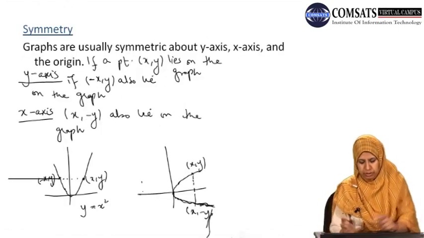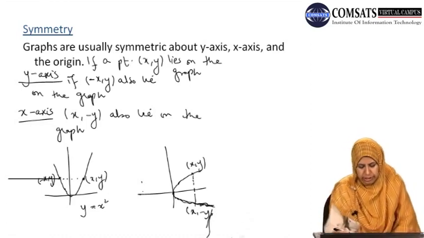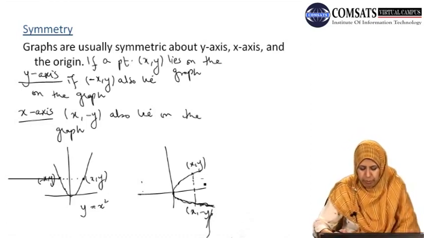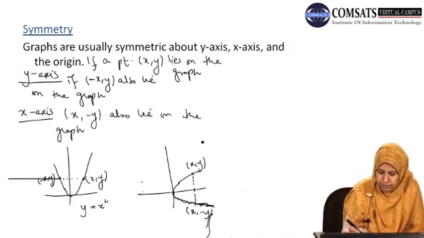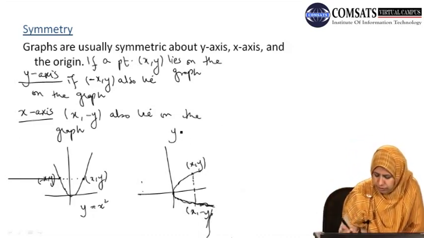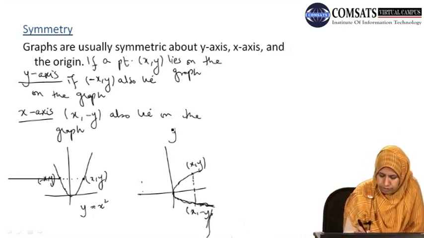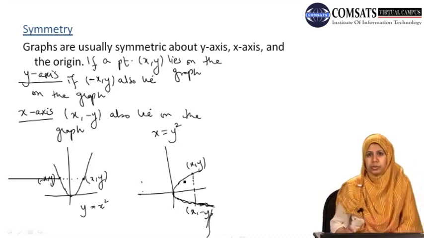Okay, if we look at our diagram again, if we replace y by -y and we obtain the same value of x, then the graph will be symmetric about the x-axis. This graph has the equation x = y².